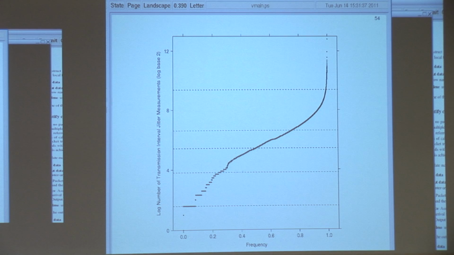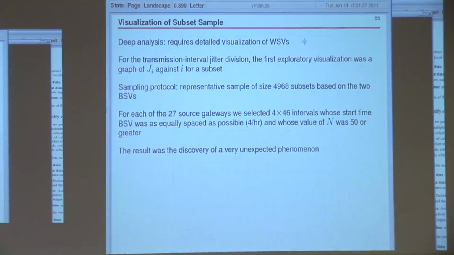Now the reason for wanting to get a sense of that is because we need to take a first look at the jitter. So I want to make a display that allows me to study the jitter. What we want to do is take a collection of intervals.